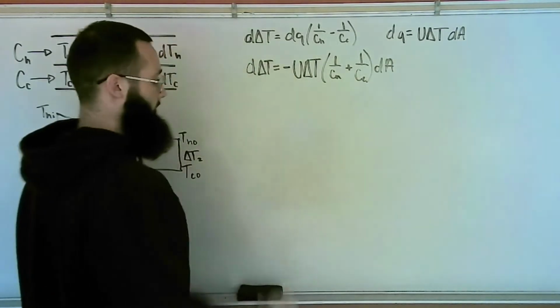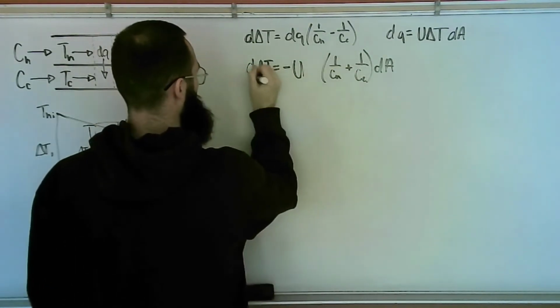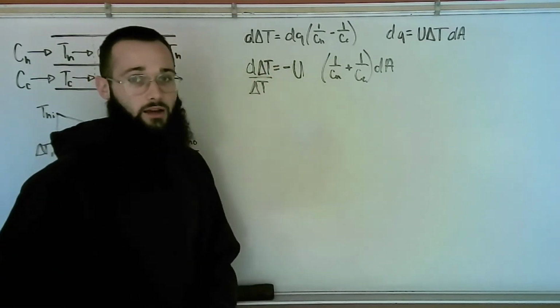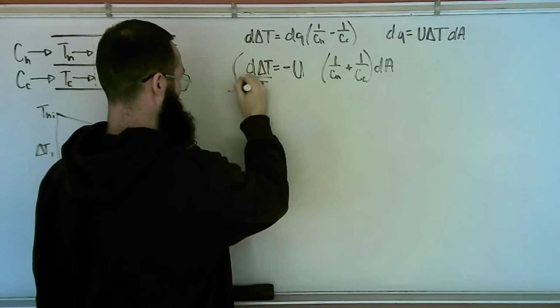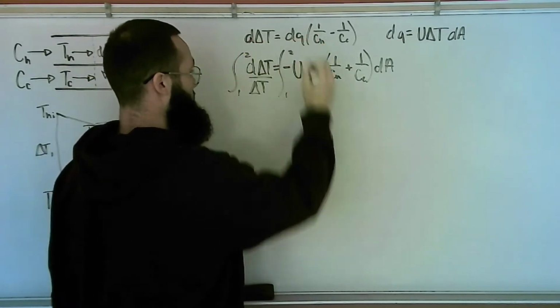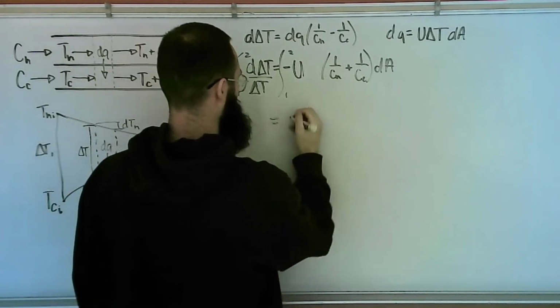And then I'm actually going to move the delta T over to the other side. And now what I'm going to do is integrate from position 1 to position 2. And as you can see, none of these have to do with the area, so we're going to take them out.